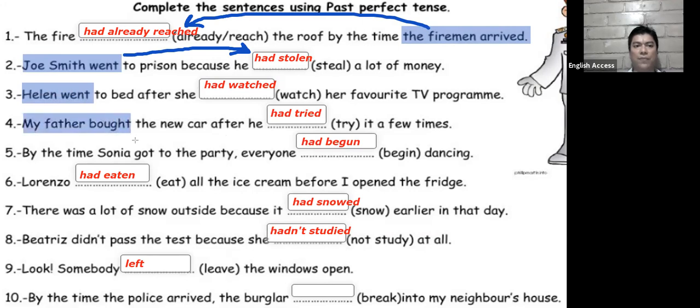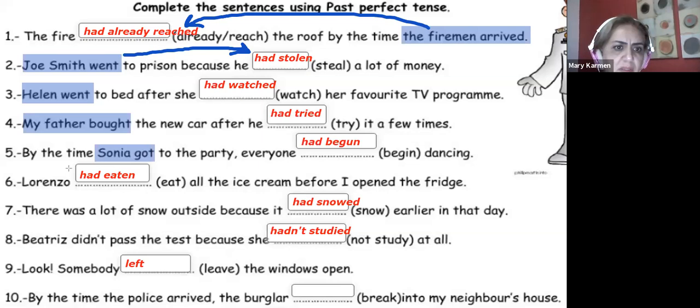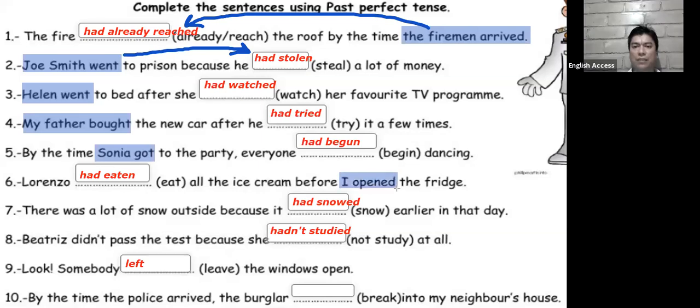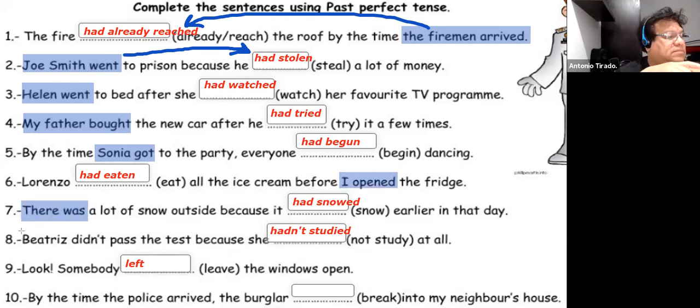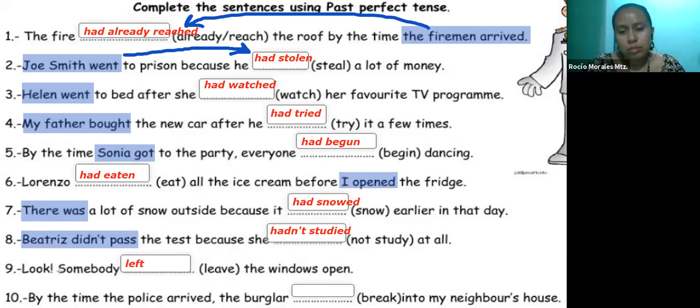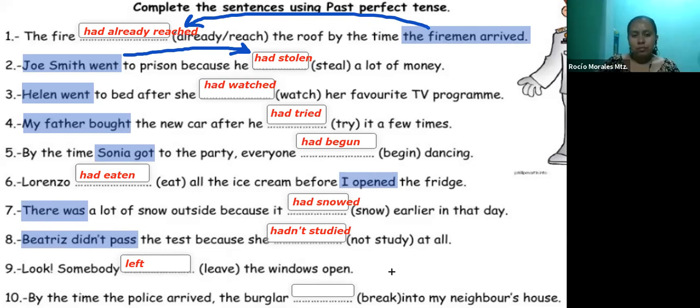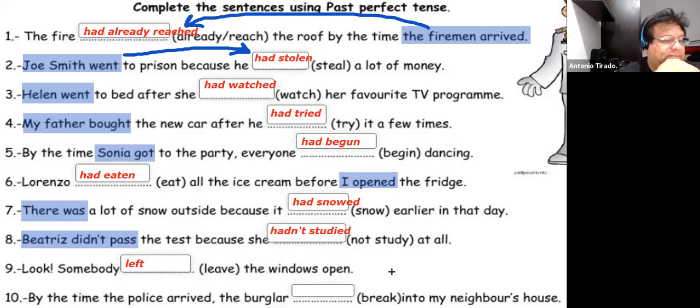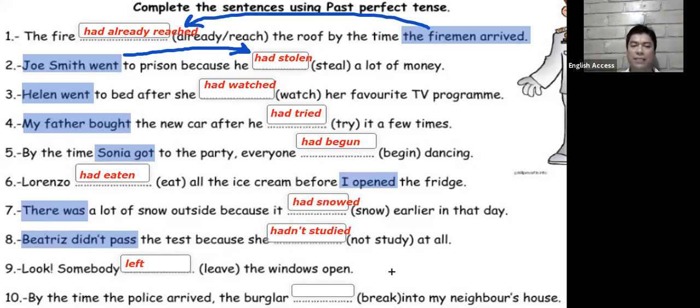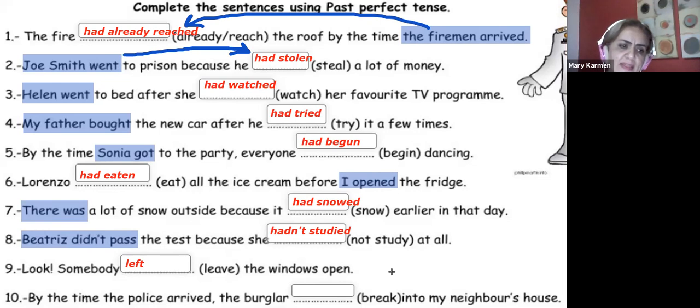My father bought. Sonia got. Lorenzo opened. There was. Beatriz didn't pass. Look, somebody left the windows open. Where is the other event? No, there is no other event. And because we don't have another event, we leave it in simple past. Okay, thank you.